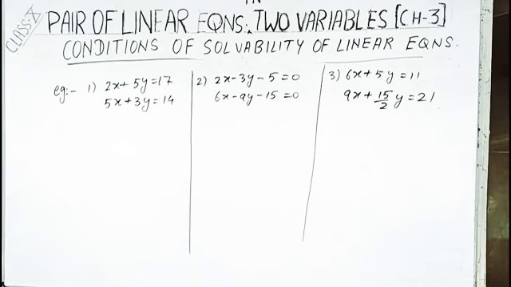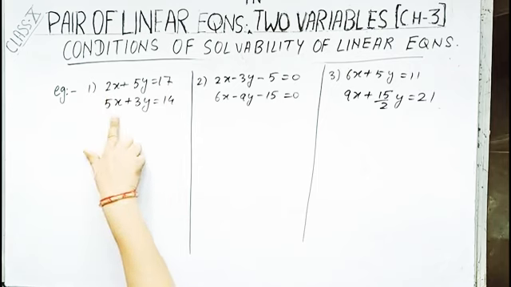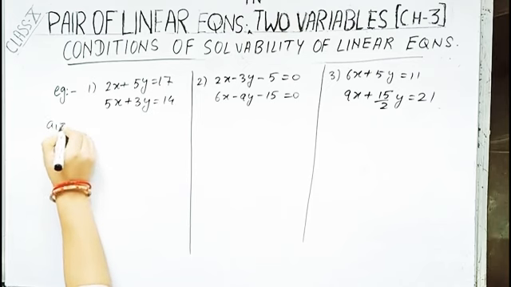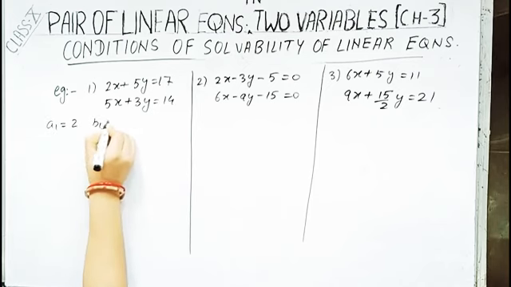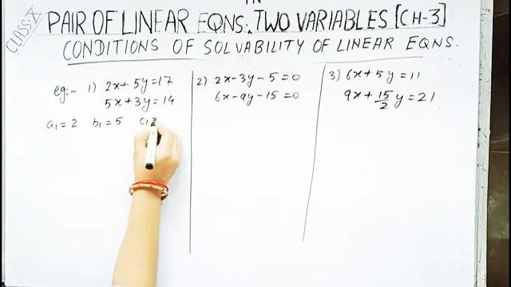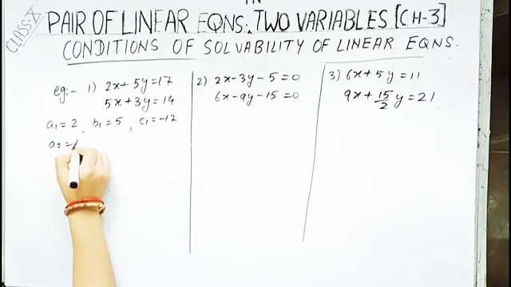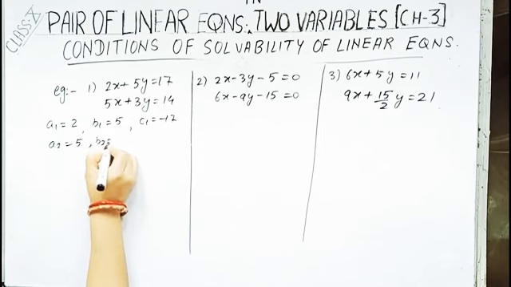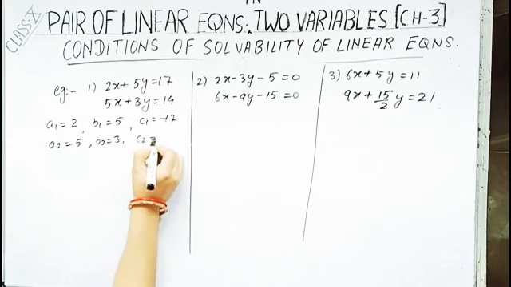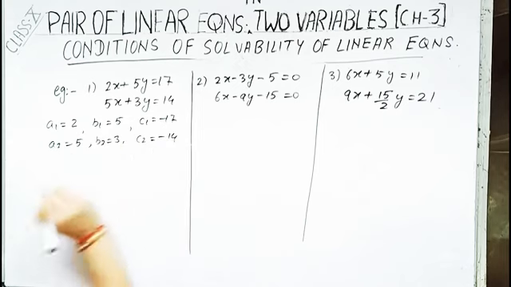Let us take three examples. Suppose example 1 is 2x plus 5y equals 17, 5x plus 3y equals 14. Here, a1 equals 2, b1 equals 5 and c1 equals minus 17. a2 equals 5, b2 equals 3 and c2 equals minus 14.